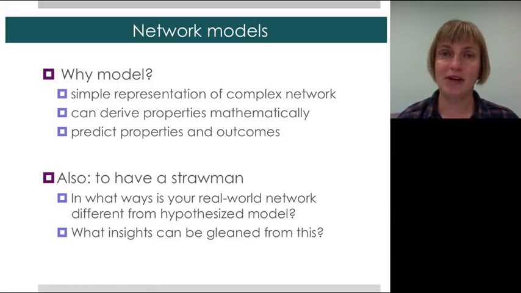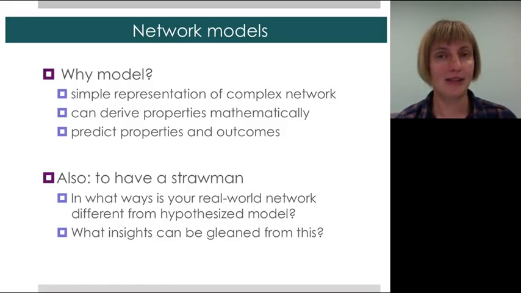But if we have an underlying model that tells us these are the motivations for the edge formation in that network, then we may very well be able to generalize and make predictions about networks we haven't even yet observed. Now, this is all nice, assuming that your model is actually a good representation.